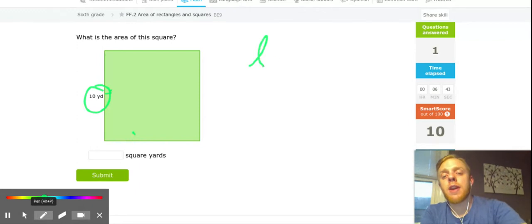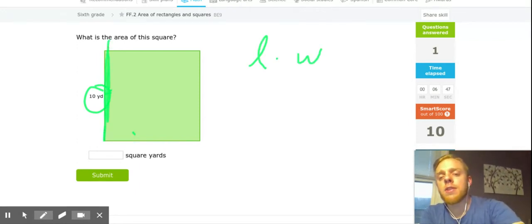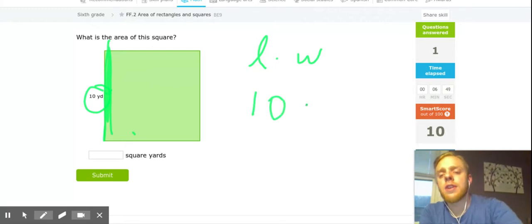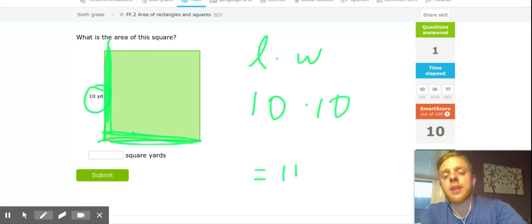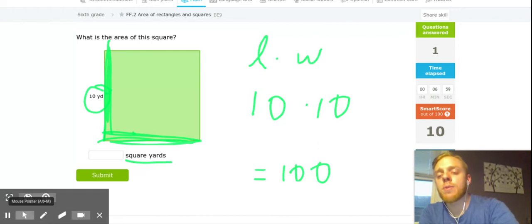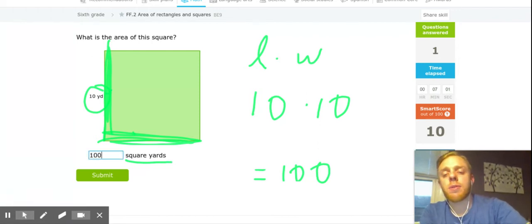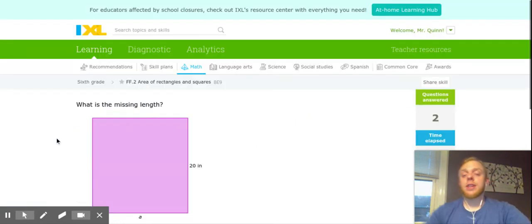So my L times my W, my length right here, up and down, is 10. My width, because of the rules about what we know about squares, is also 10, and 10 times 10 equals 100, and my units are already written there for me. So I can go ahead and type in 100, and I'm going to get that question correct, which is great.